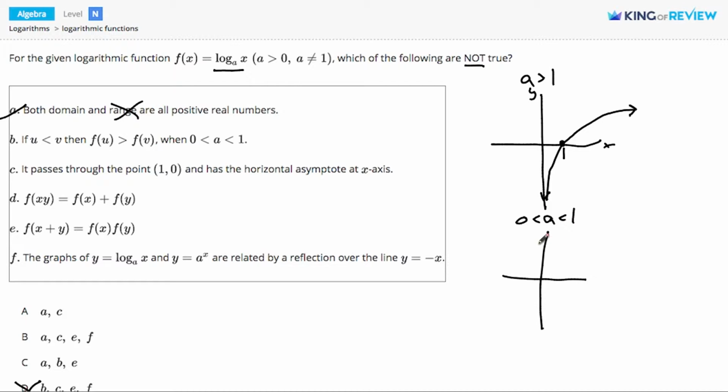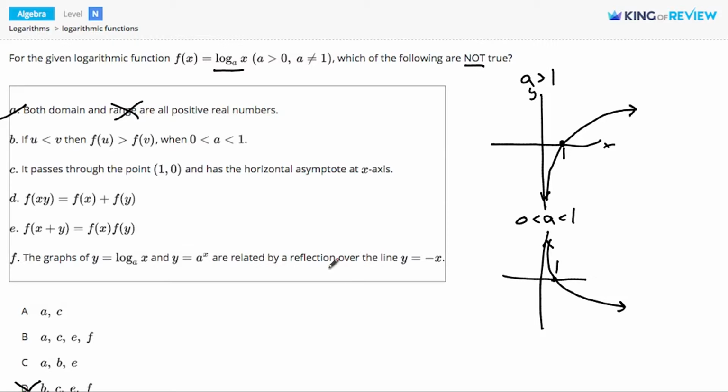When a is less than 1, we have a number less than 1, and when you raise a number less than 1 to any exponent, it just gets smaller, which means this graph is essentially flipped upside down. It becomes a decreasing graph that still crosses the x-axis at x equals 1, but now it's reflected over the x-axis from the original graph where a was greater than 1.